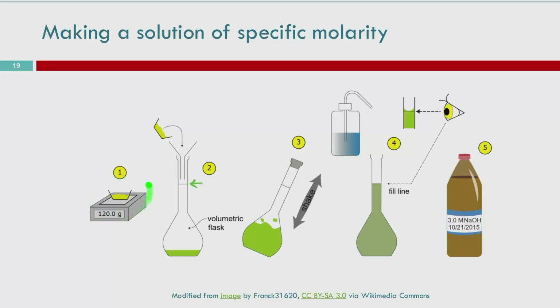You're going to add in your solute with some solution in here. You want the solution to not be going up to where it gets really skinny, because then it makes it really hard to shake. If it's below that, then you can give it a really nice swirl, or a little bit more of a vigorous shake, and you'll be able to get your solute to go into solution. If you get it up into the neck, it gets much more difficult to shake it up because it's basically full at that point.